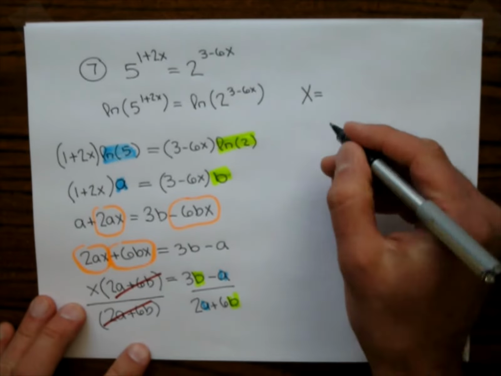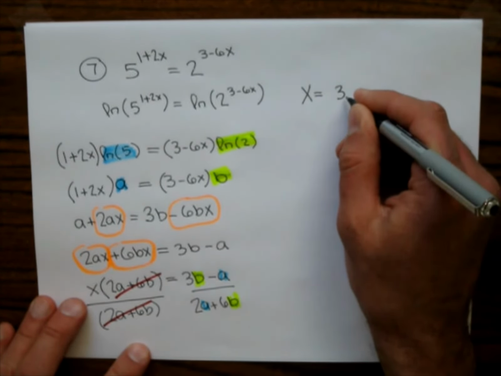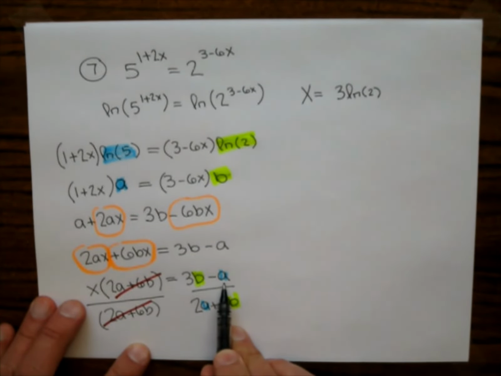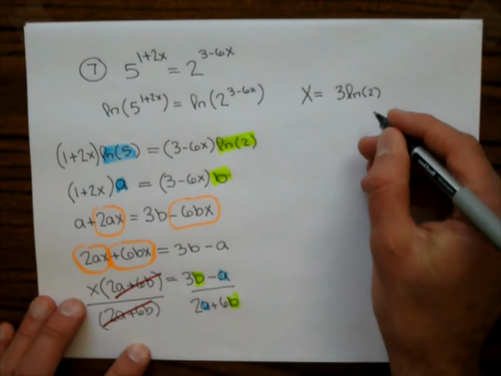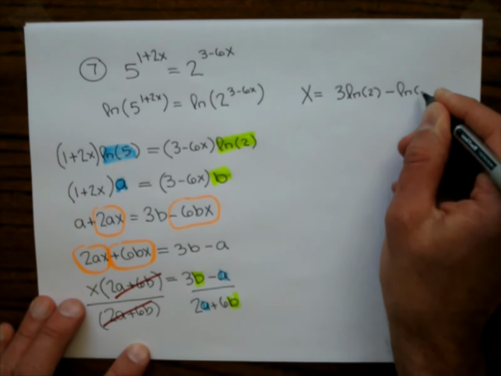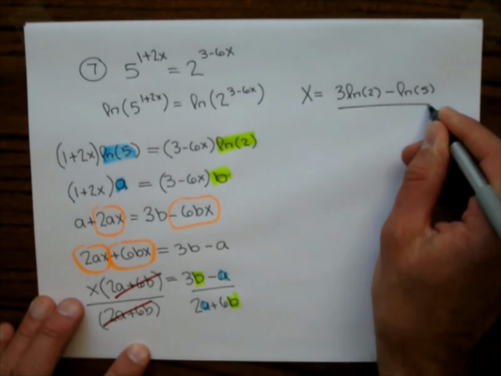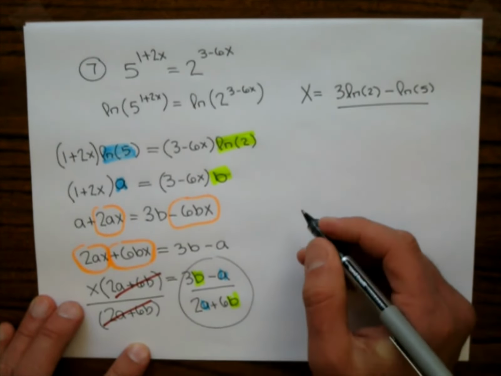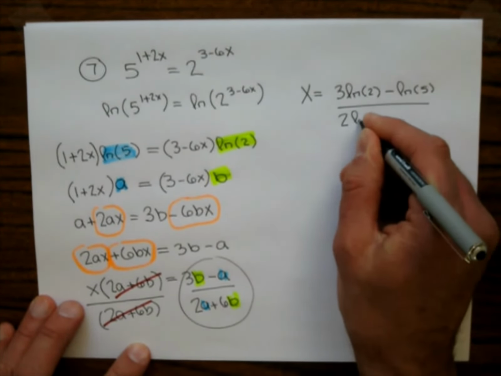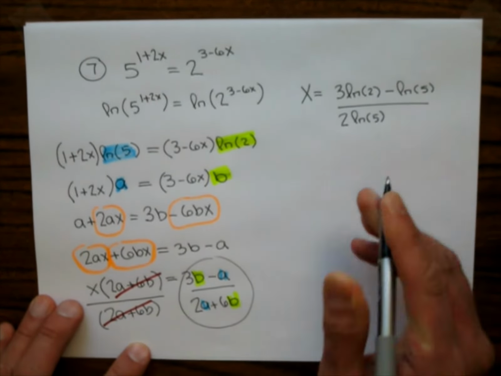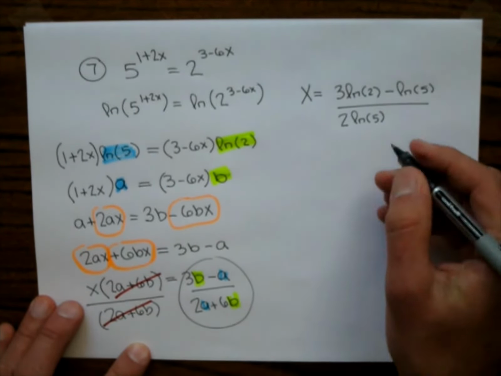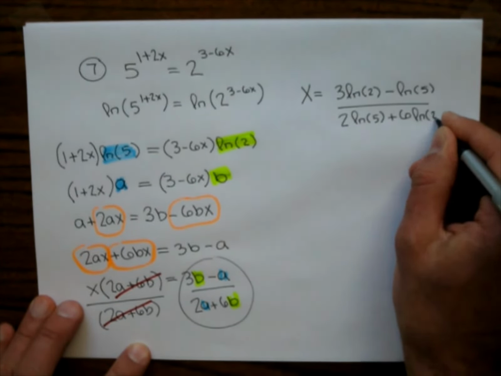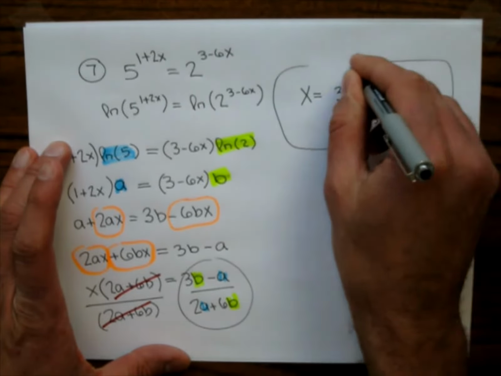So 3b, 3 ln 2, minus a, so minus ln 5, all over 2 times a, 2 times ln 5, plus 6b, plus 6 ln 2. And here's a legitimate answer.